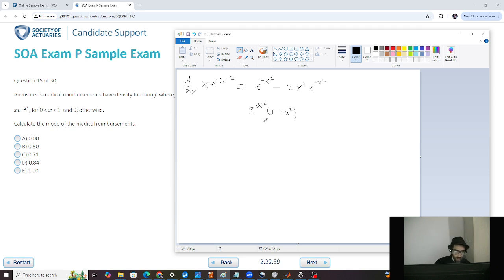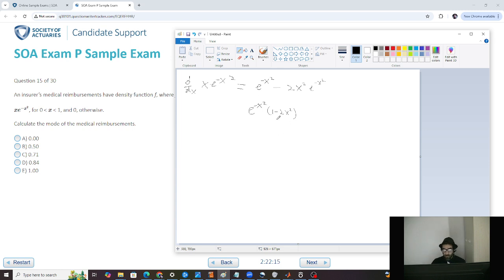Sanity checking here, if we plug in x equals 0 to the original, we get a probability of 0, so that's got to be a minimum. If we plug in x equals 1, notice we get a negative derivative. We get some quantity minus double that quantity. So it's on its way down. So the mode will be somewhere between those two.